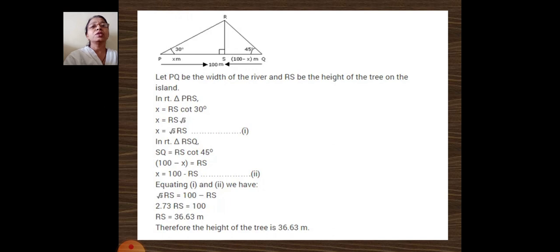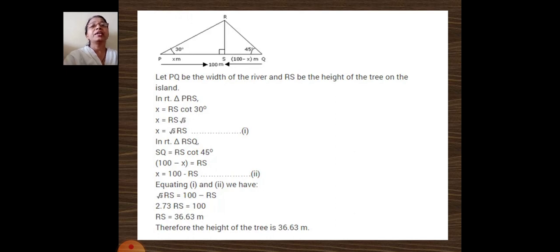Yes, so here PQ is the width of the river and RS is the height of the tree, and the angles of elevation from points P and Q to the top of the tree are 30 degrees and 45 degrees respectively, and the width of the river is given as 100 meters, right?